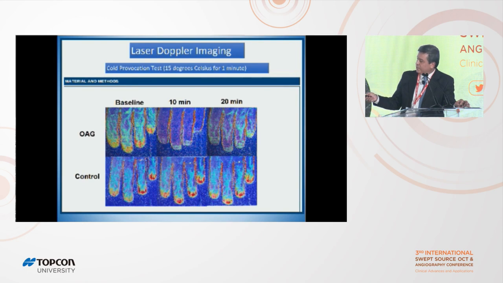You can see here the open-angle glaucoma at baseline, 10 minutes and 20 minutes. And the control group recovers very fast, but this is not normal tension glaucoma. This is open-angle glaucoma with high pressure. We did find a difference at baseline compared with the control group.